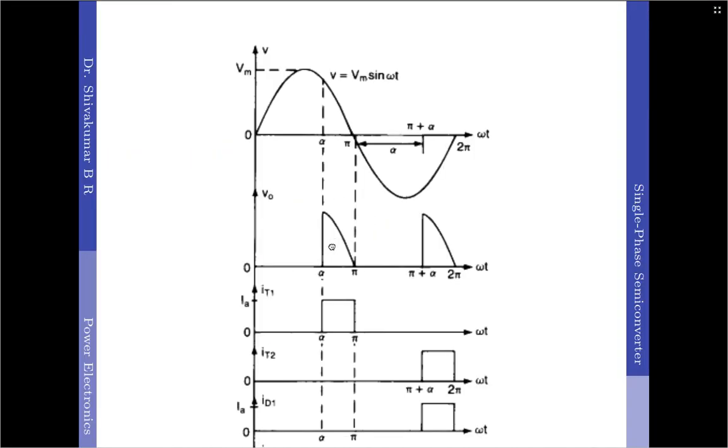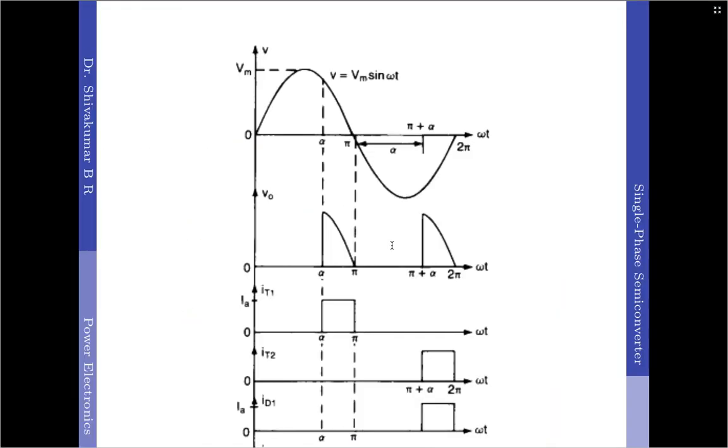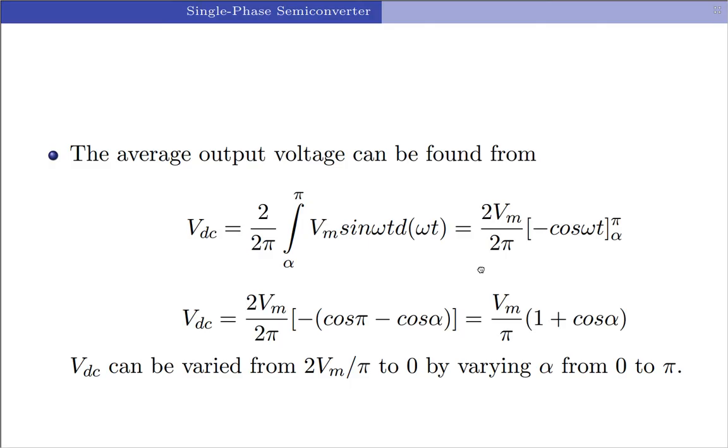When the thyristors are conducting, the load voltage is equal to that of the supply, and supply is Vm sin omega t. So we are integrating Vm sin omega t with respect to what? If you look at the x-axis, it is written in terms of omega t. So therefore with respect to omega t.